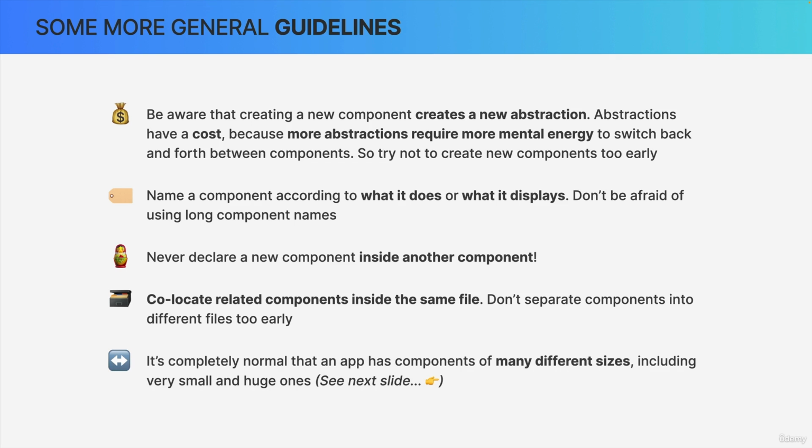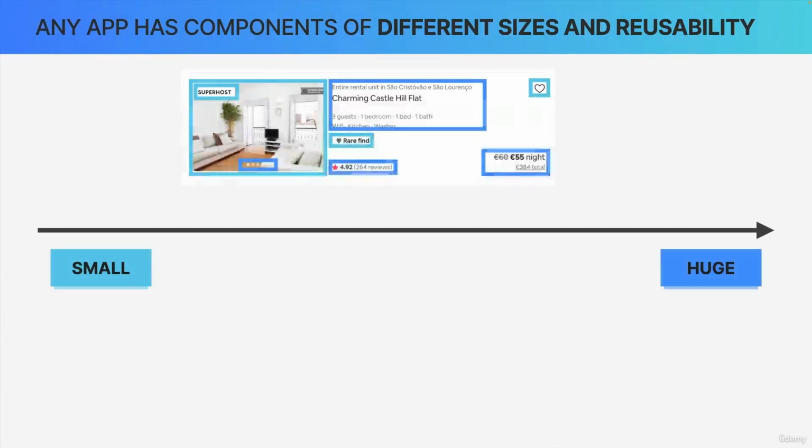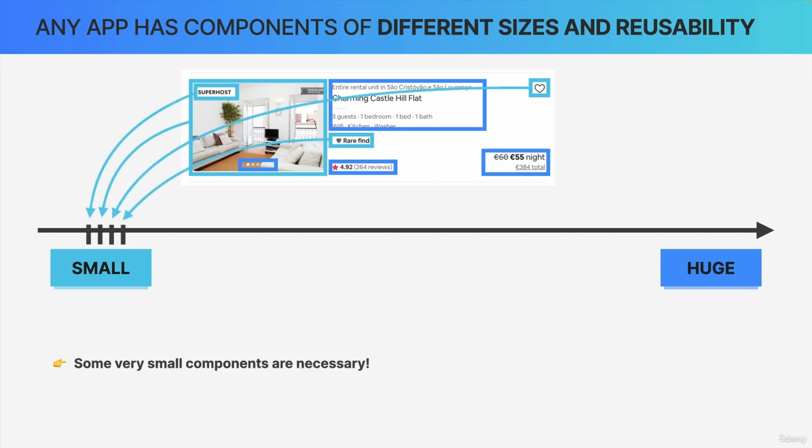Finally, and going back to our initial topic of component size, it's completely normal that an application has components of many different sizes, including some very small ones and some huge ones. So even though we said in the beginning that very small components have some problems, of course we always need some small components like these in any application, because they're highly reusable and have very low complexity, which is sometimes exactly what we need.